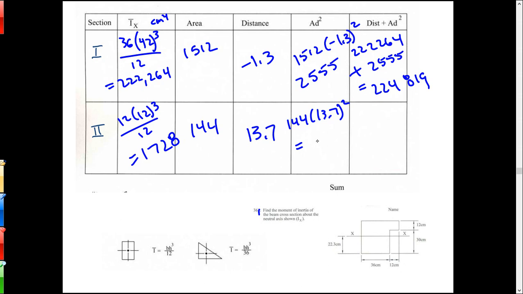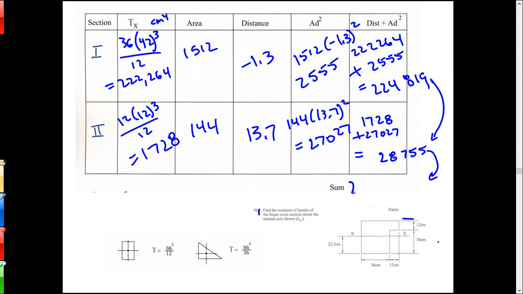Is it 27,000? My goodness, it's that big. 27027. And you just add them up. So 1728 plus 27027, and you get 28755. And then you add them up. 253,574.